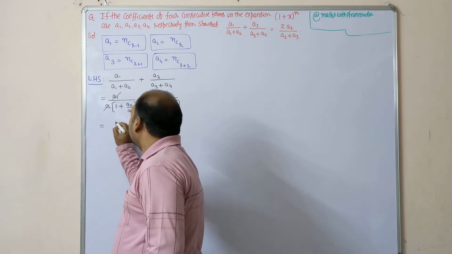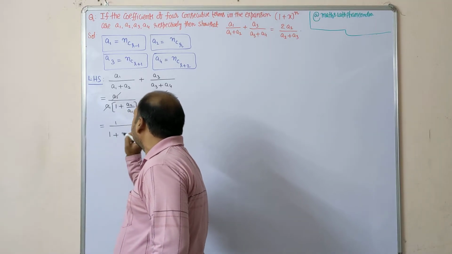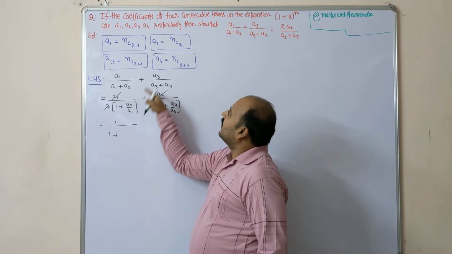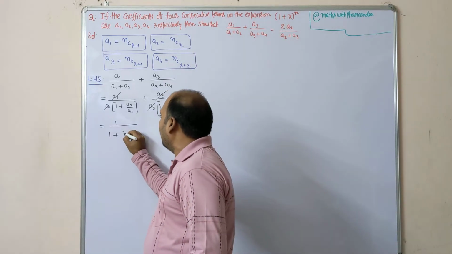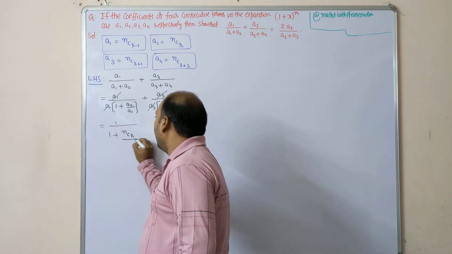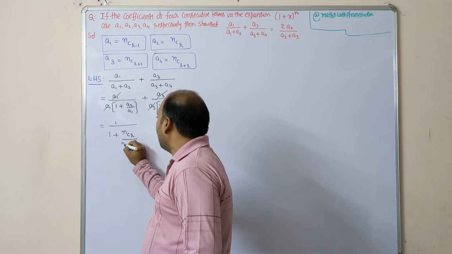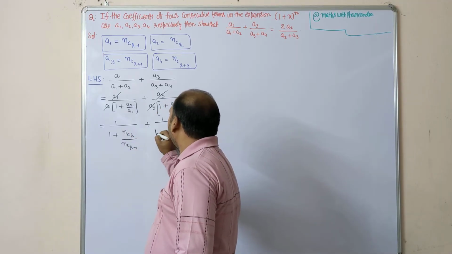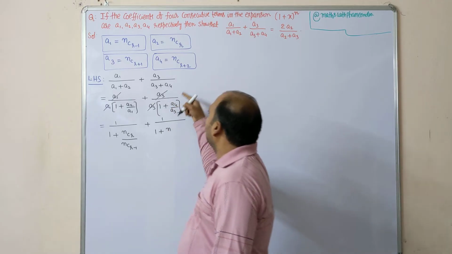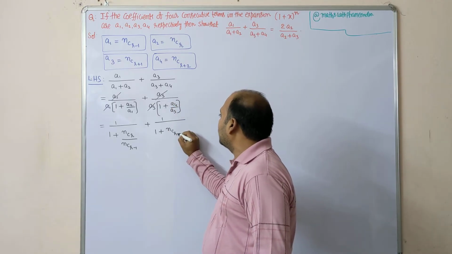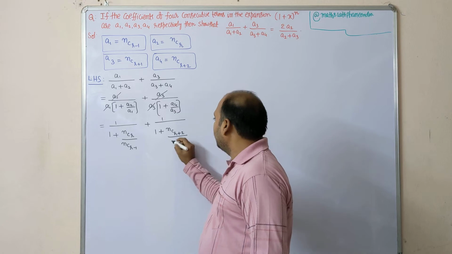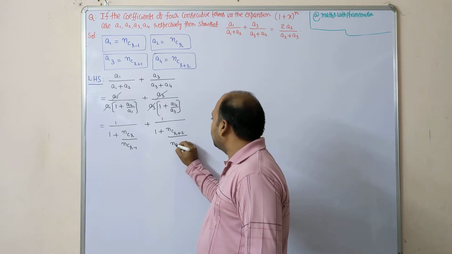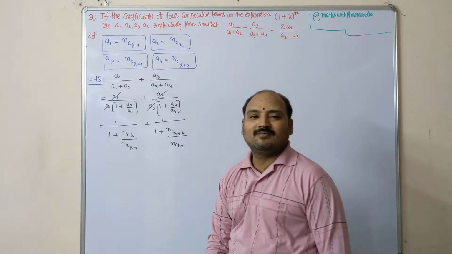So the remaining is 1/(1 + A2/A1), A2 value is nCr, A1 value nC(r-1), plus 1/(1 + A4/A3), A4 value nC(r+2), A3 value nC(r+1).